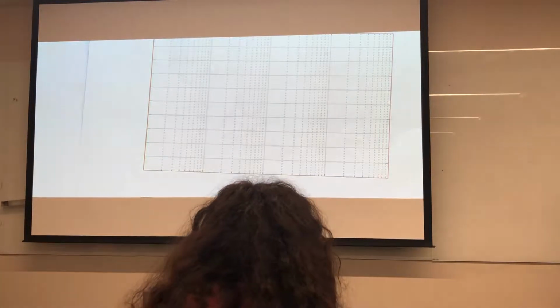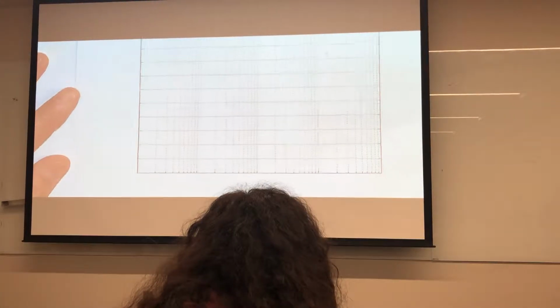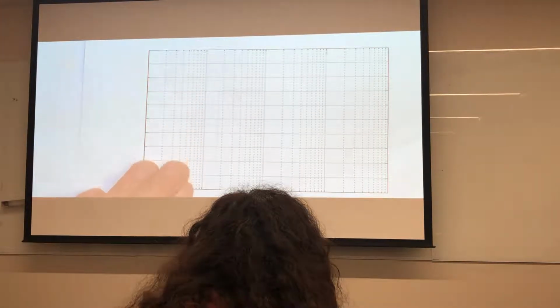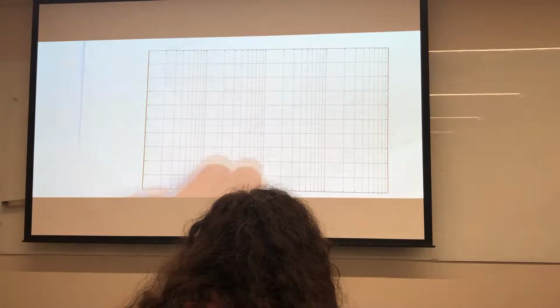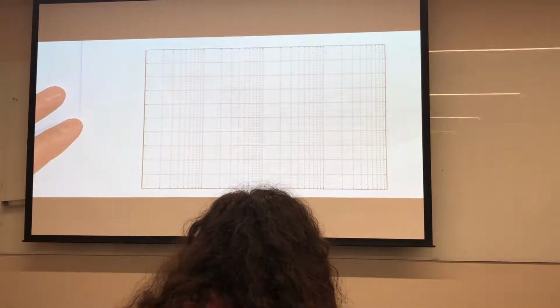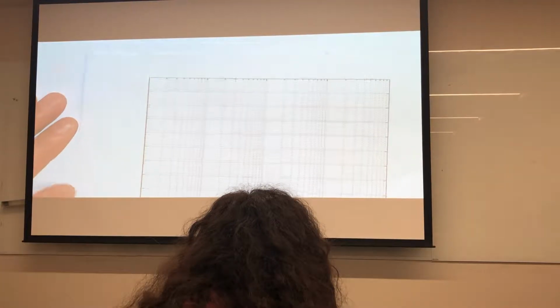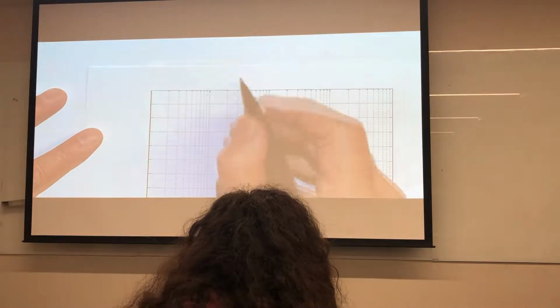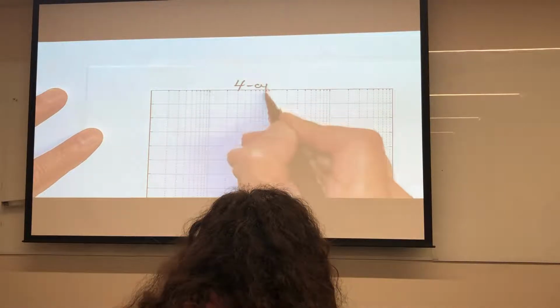And so this particular type of log paper that you see here, you see there's kind of a band of frequencies here, followed by another second cycle of frequencies, followed by a third band, followed by a fourth band of frequencies. And so this particular log paper, this is called 4-cycle.